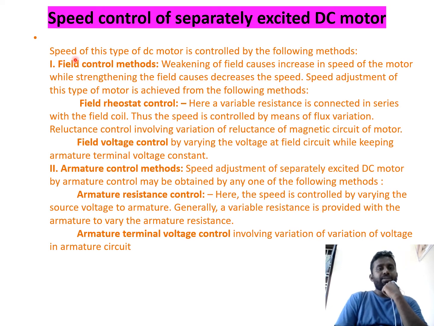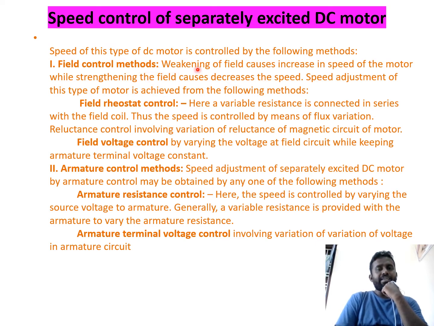Now, the speed of this type of DC machine, a separately excited machine, is controlled by the following methods. As I told you, field control methods: field rheostat control, field voltage control, and armature control methods: armature resistance control, armature terminal voltage control. These are the different types which we can use in controlling the speed of a separately excited DC machine. Now, how do you do that?